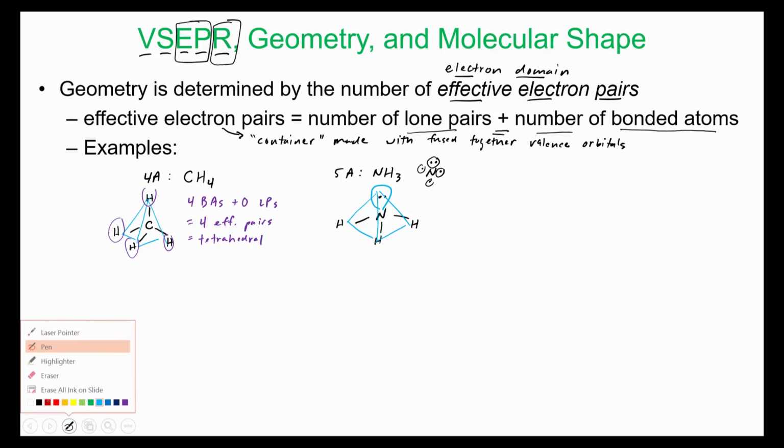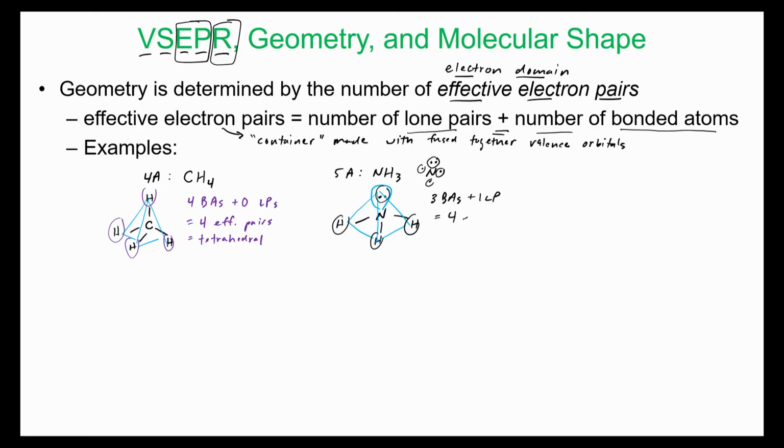The overall geometry of that shape is a tetrahedral. We get this from adding up: this has 3 bonded atoms, 1, 2, 3, and it has 1 lone pair, so plus 1 LP. This gives a total of 4 effective pairs, just like we had over here for CH4.